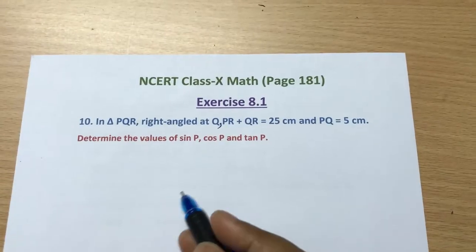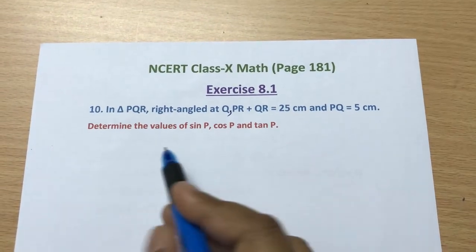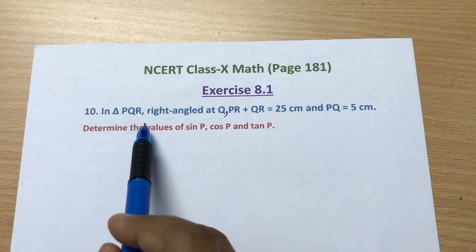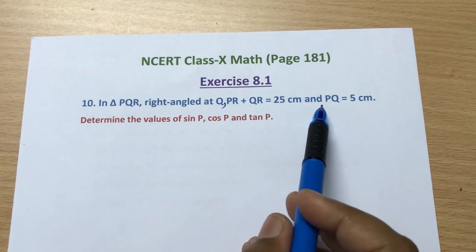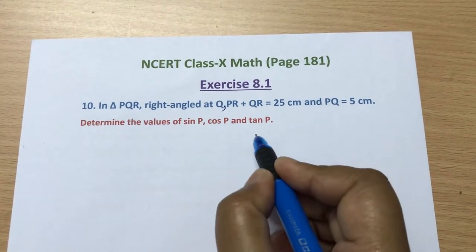So in this question, in triangle PQR, right angled at Q, PR plus QR is equal to 25 and PQ is equal to 5 cm. So what do we do?